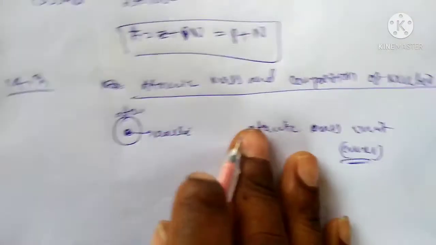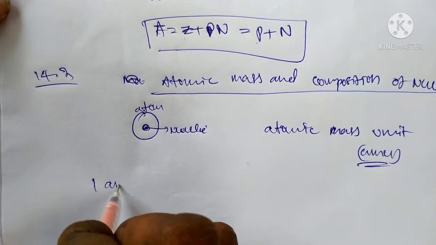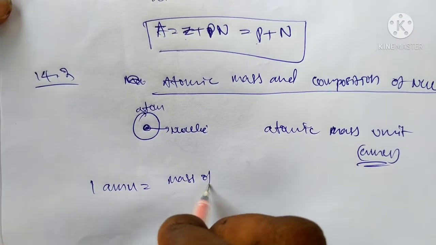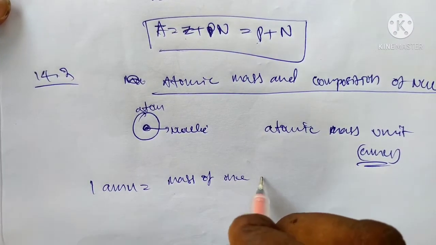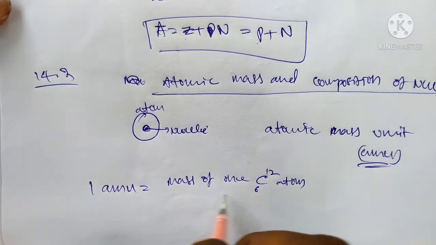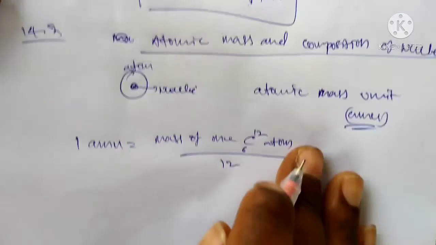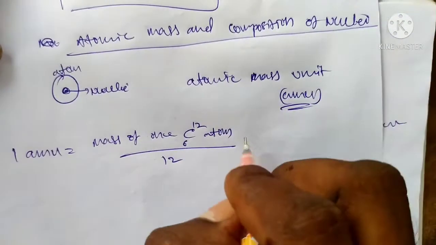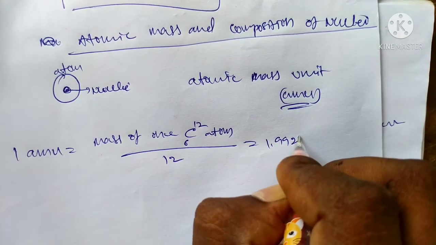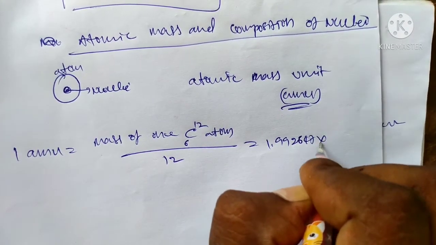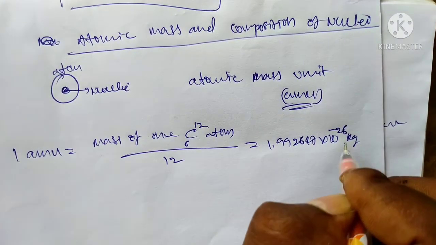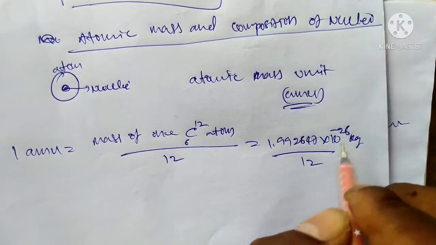One atomic mass unit is equal to the mass of one carbon-12 atom divided by 12, that is 1.992647 times 10 to the power of minus 26 kg divided by 12.